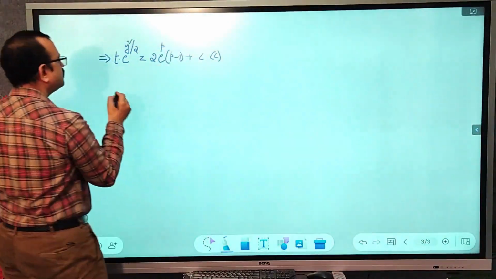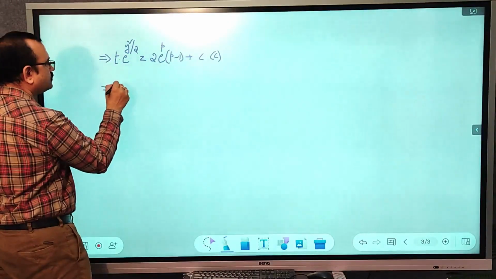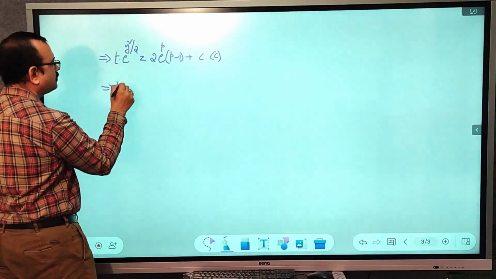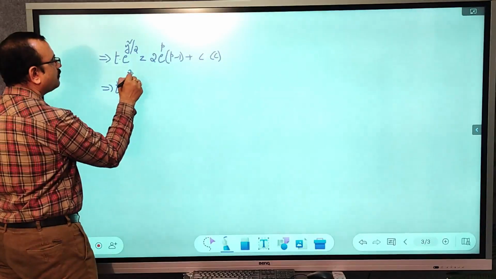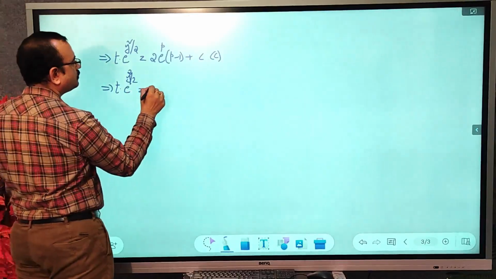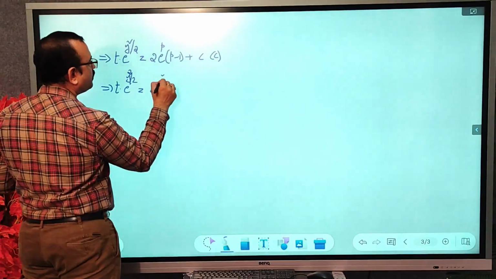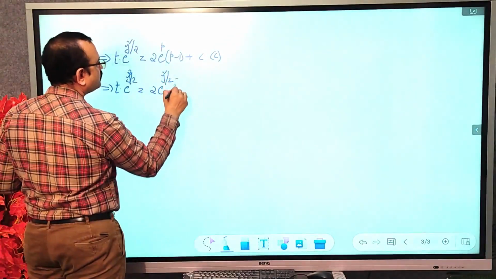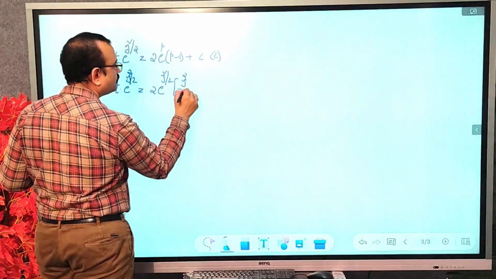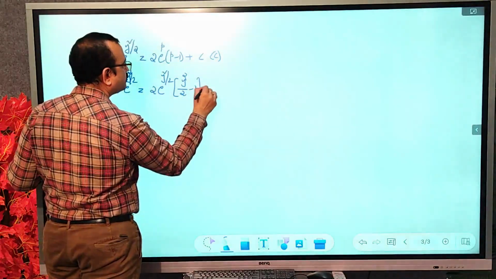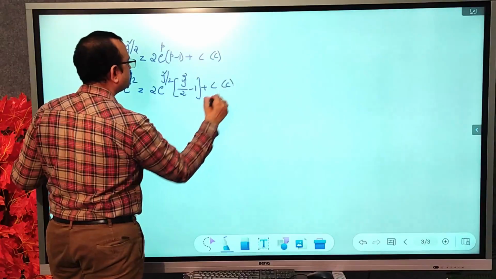P we know is nothing but y square by 2. So t into e power y square by 2 is equal to 2 into e power y square by 2 into y square by 2 minus 1, plus c.